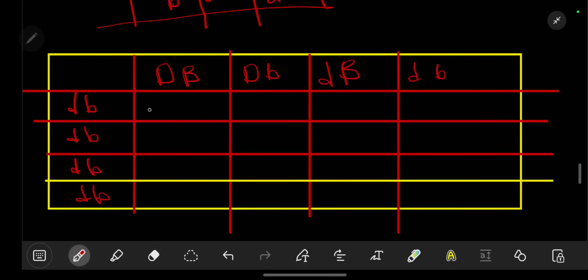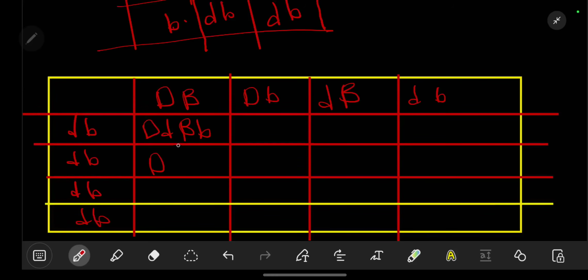So our D and our D, we are going to have D, small letter d, B, small letter b. Then we have our D, small d, B, small b.